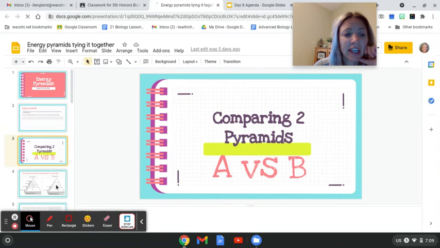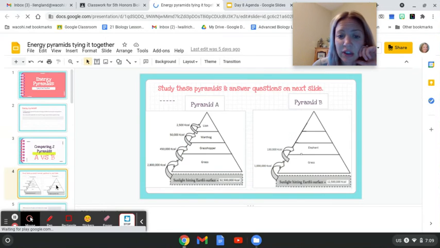So here is ecosystem A and ecosystem B, and we're going back to looking at how much energy is transferred between each trophic level. You have your producers always on the bottom of your energy pyramid, and then you have your primary consumers, secondary consumers, and tertiary consumers, if there are any.